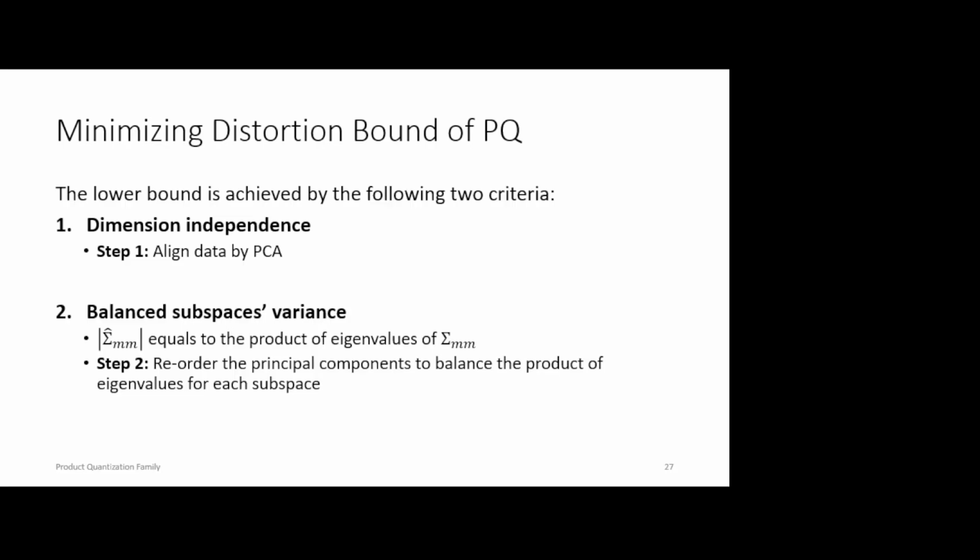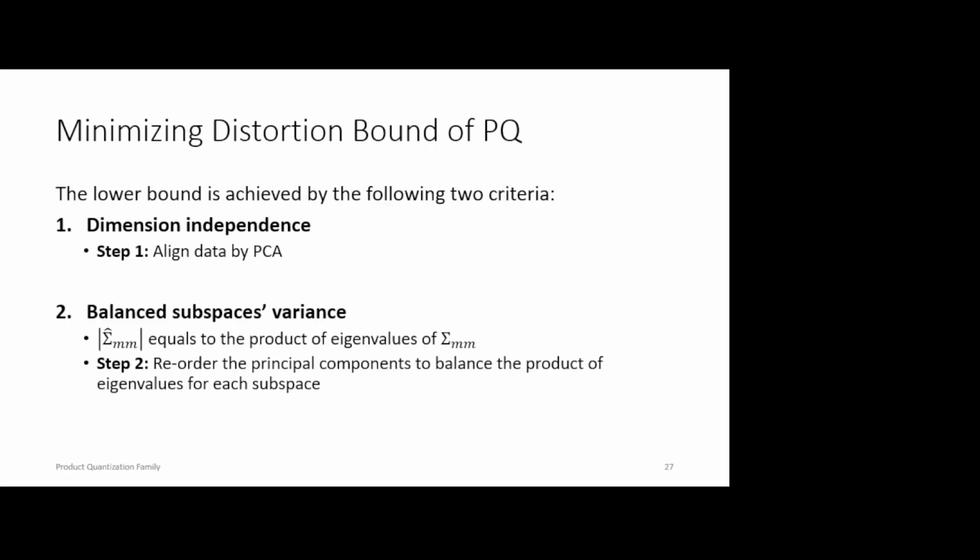So we want to make it balanced like this. Step 2 is to reorder your principal components to balance the product of the eigenvalues. It can be expressed like this.